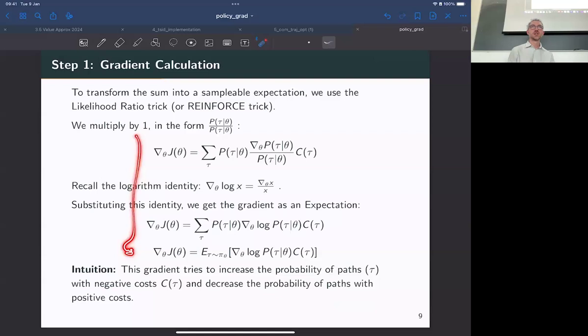Also, we're still using the gradient of J, which is not the logarithm. Yeah. What we are computing is the original object, which is the gradient of J. We didn't switch to the gradient of log J, but we simply managed to make the log appear by using this likelihood ratio trick, basically.